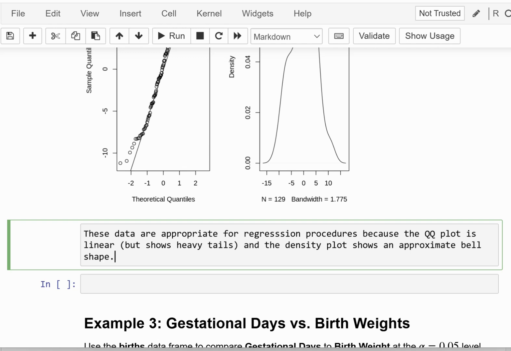And again, noting the heavy tails, is that going to cause a great deal of inaccuracy? No. It's not going to cause a great deal, but there is a little bit of inaccuracy that's going to pop in there.